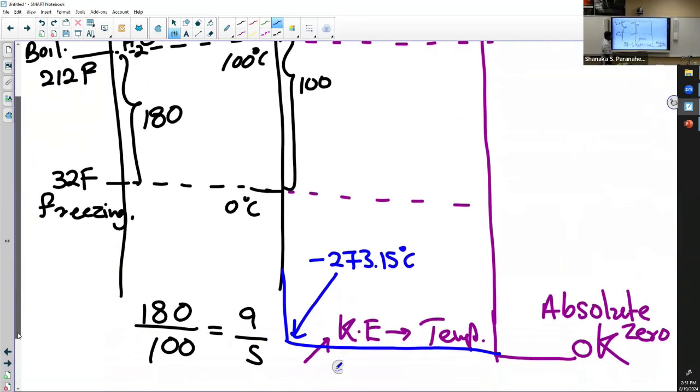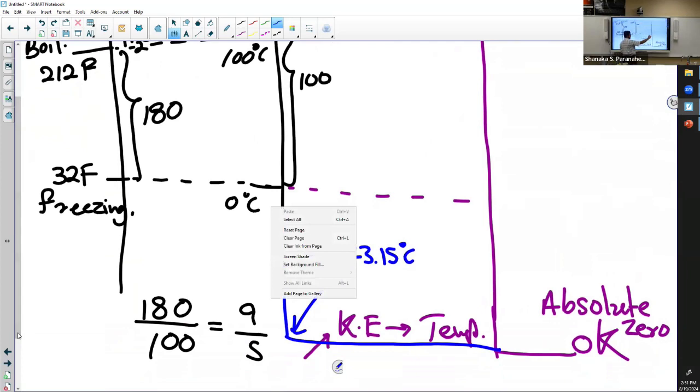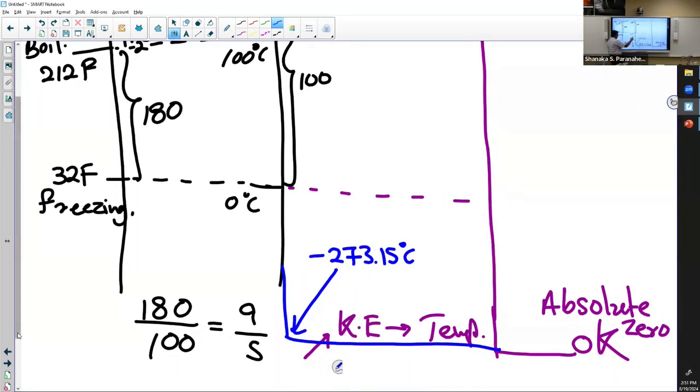Scientists use the same magnitude for 1 Celsius and 1 Kelvin. From 0 to this point is negative 273.15. So from here to here, it's going to be positive 273.15. Which means water is going to freeze at 273.15 Kelvin. Same magnitude for 1 Celsius and 1 Kelvin.